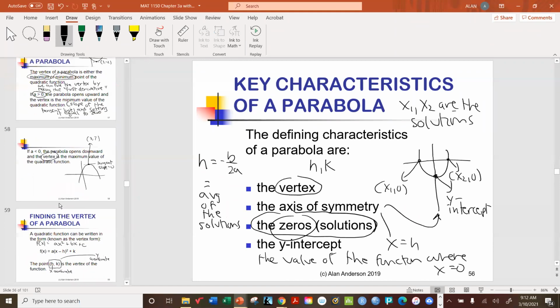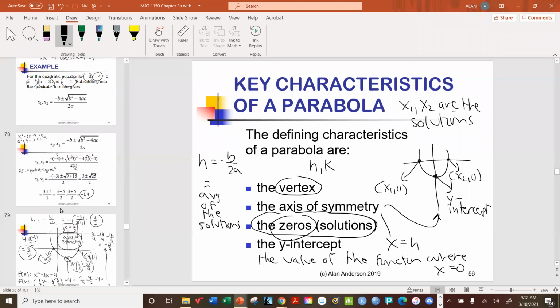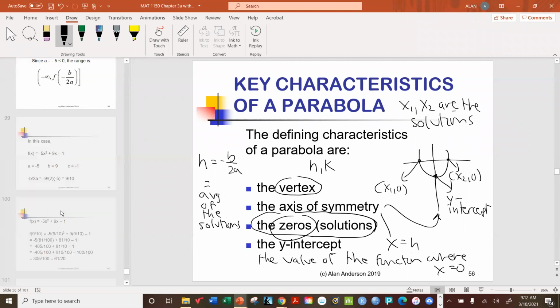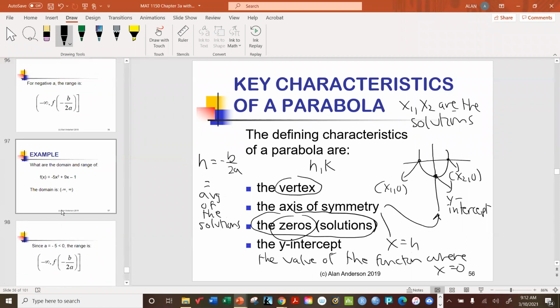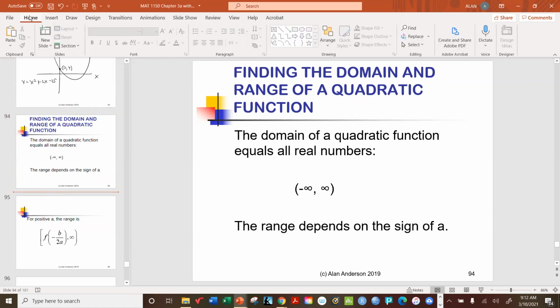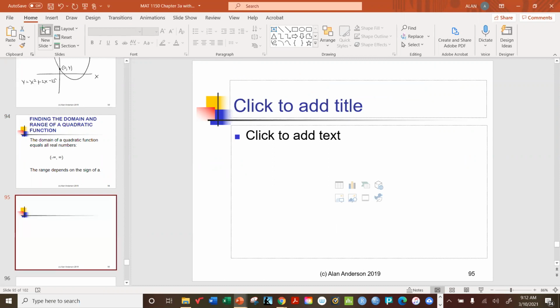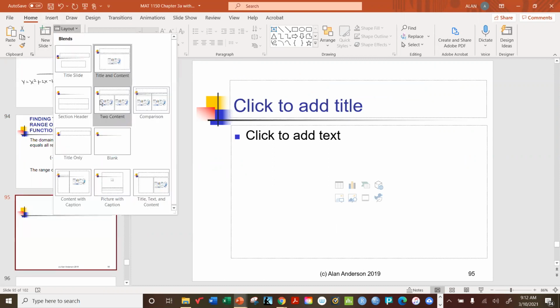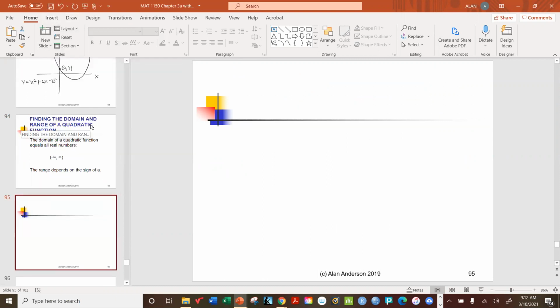All right, now what I also have down here is just a brief discussion about finding the domain and range of one of these functions. For example, for a quadratic function, the domain is all real numbers. Okay, so in other words, no matter how you draw a parabola, eventually the curve goes up forever.